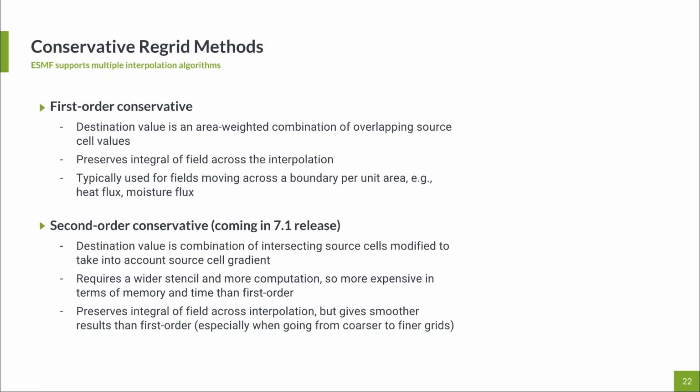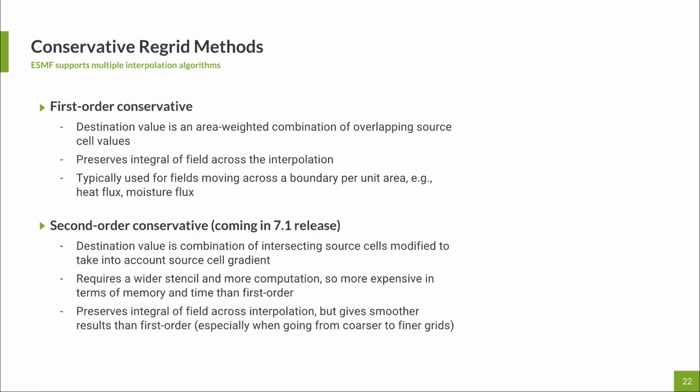So if you're moving a flux or something across a boundary, and conservation is essential, then you would choose the first order conservative method. Now the quality of the interpolation is good, but it will likely have higher error than the bilinear, for example, because we're trying to conserve. So you're trading off the error for the conservation in this case.